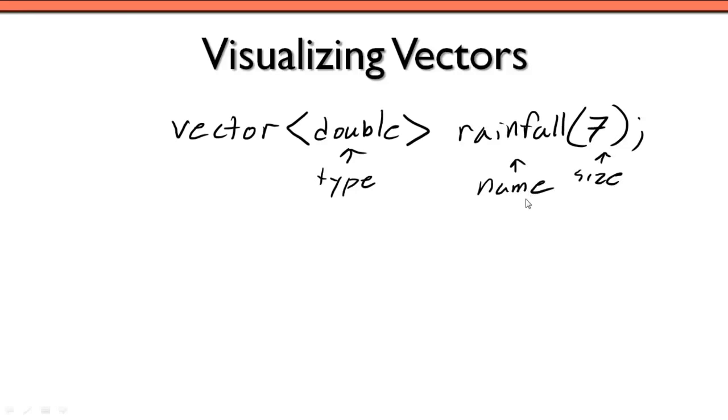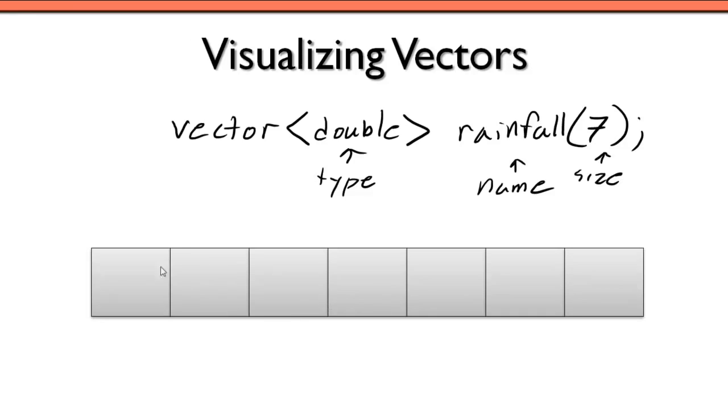Okay, so out in memory, we can think about having 7 contiguous or adjacent spaces in memory allocated for 7 doubles. Each one of these would represent space in memory that could hold a double value. And what we call each one of these little spaces associated with our vector is an element. So we have 7 elements in this particular vector.